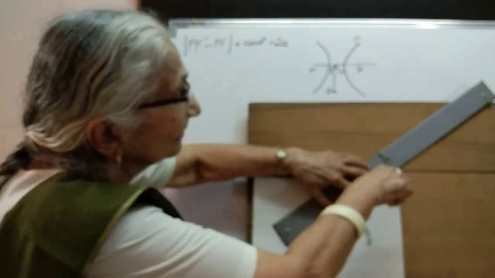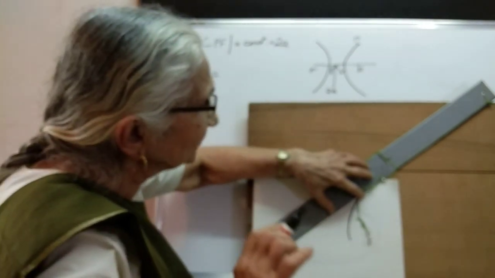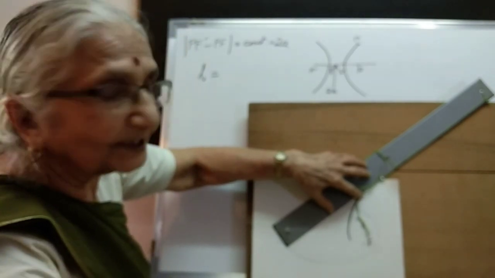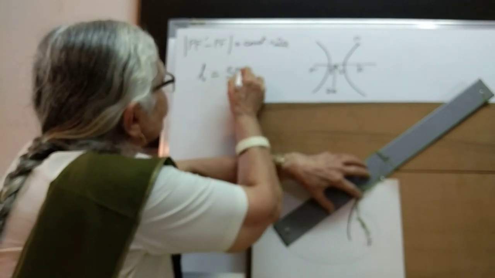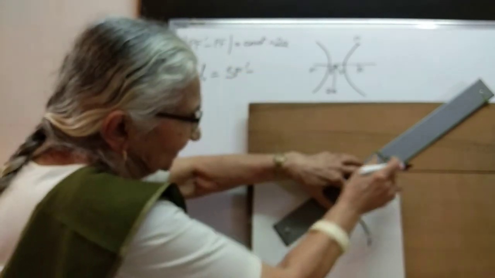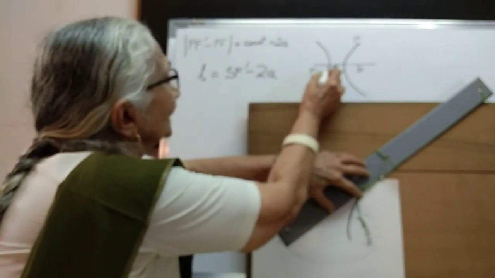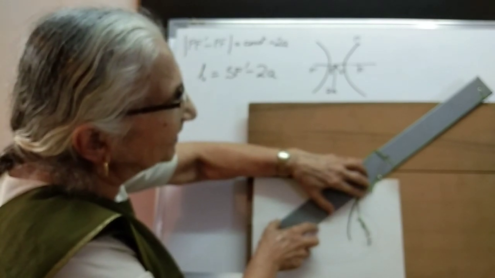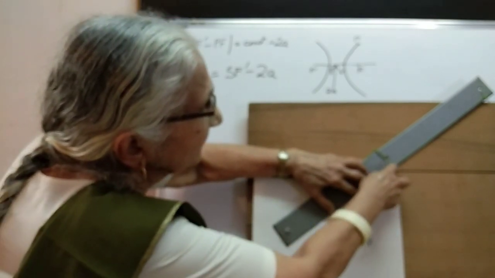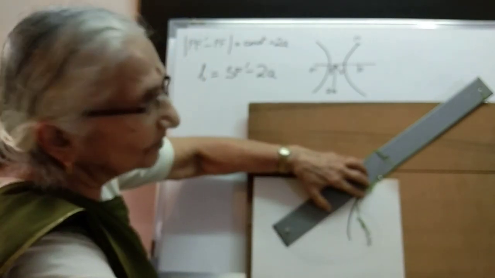But what we have taken is, I don't know whether I mentioned it, but the length of the string, what we shall do is, we shall take it, if we call this point S, SF dash, that means from here to here, minus 2A. 2A is this. This is the length of the string that we have taken. Now we are trying to show that this is a hyperbola. We take a point here. Now when we take a point here, this is L. Now had we not taken it here, as in case of parabola, it would have gone all the way up to here.